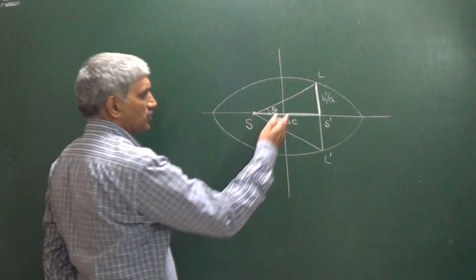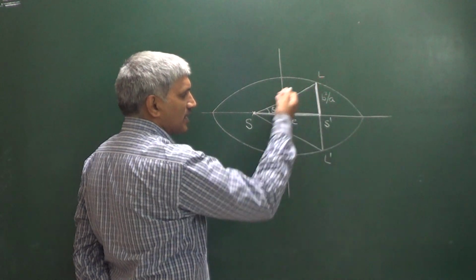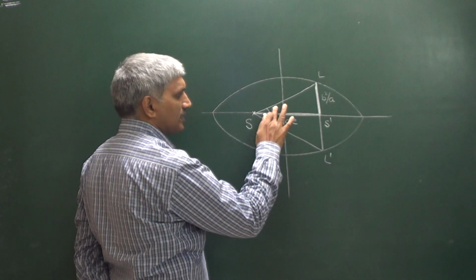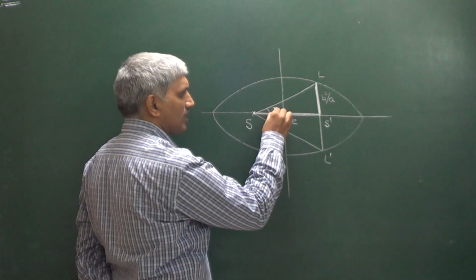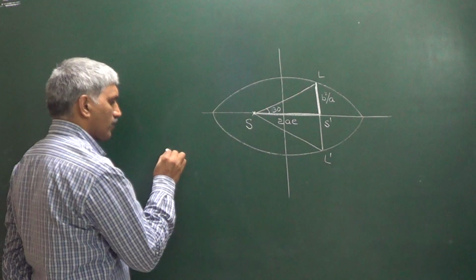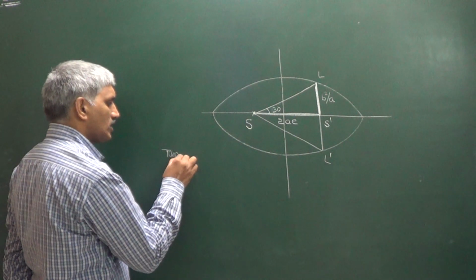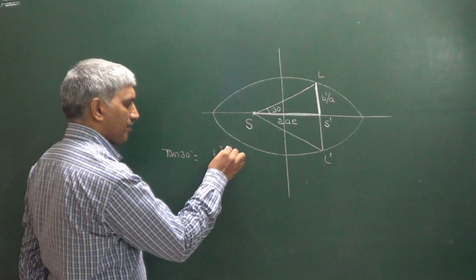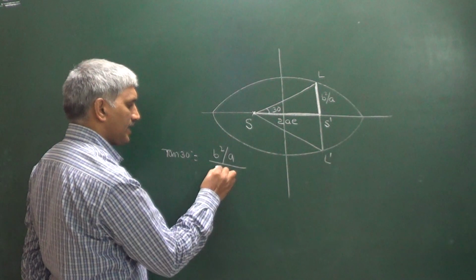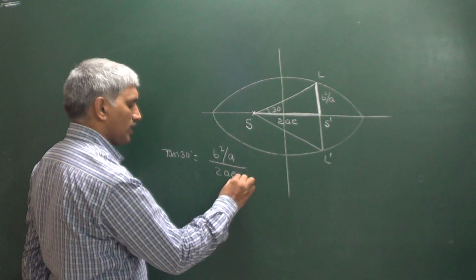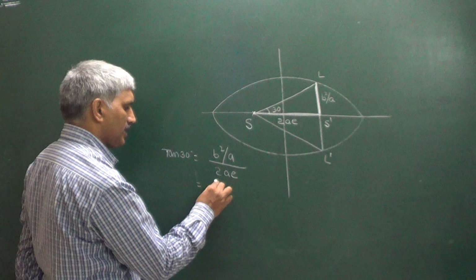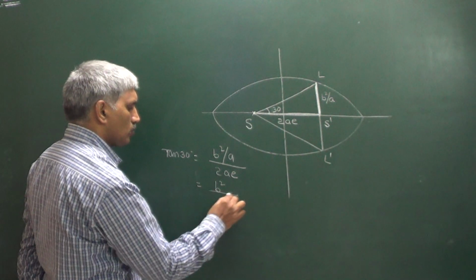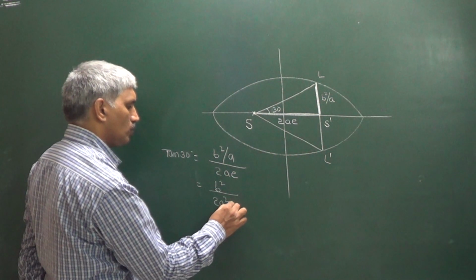He is saying in the question this triangle is an equilateral triangle, so this angle becomes 30 degrees. Now from the diagram, tan 30 degrees is equal to b square by a, the opposite side, divided by 2 times ae. Now we can write b square by 2 times a square into e.